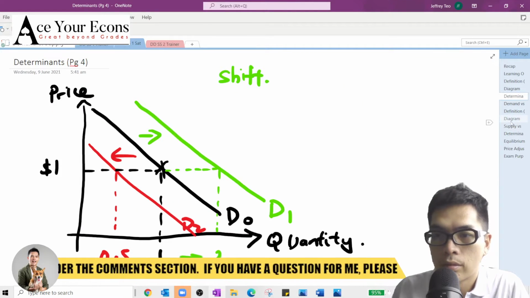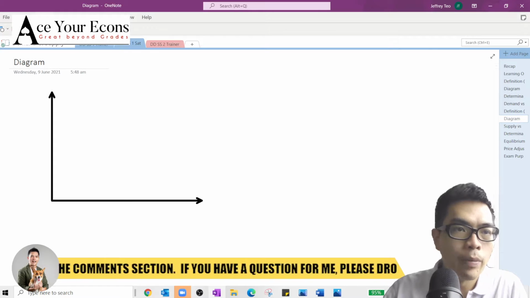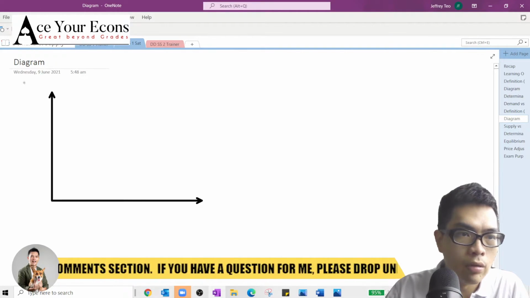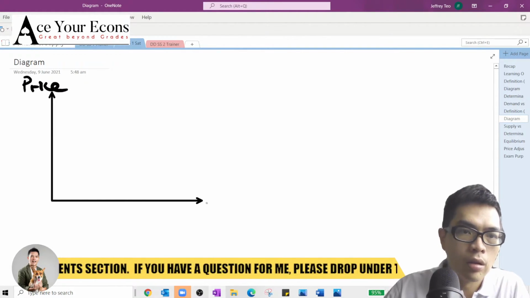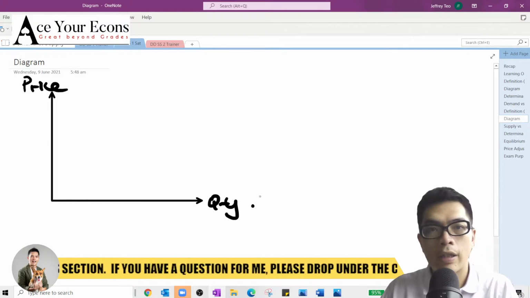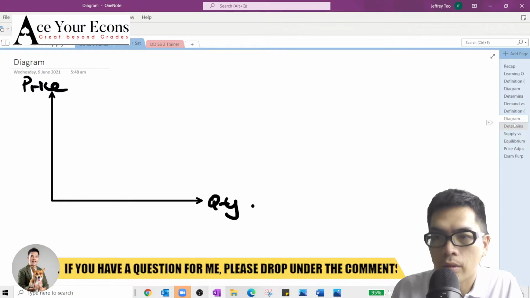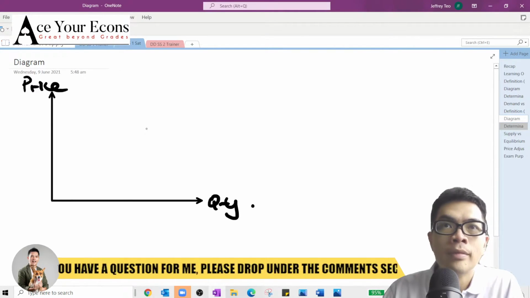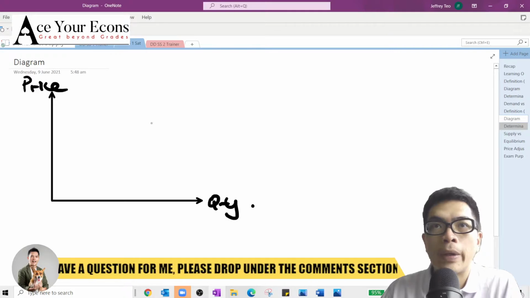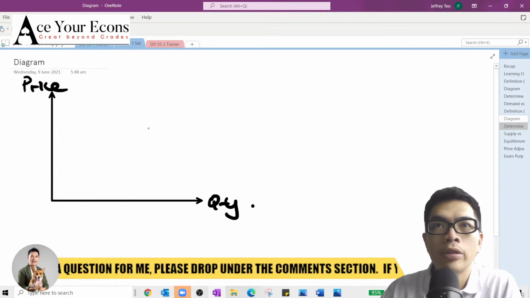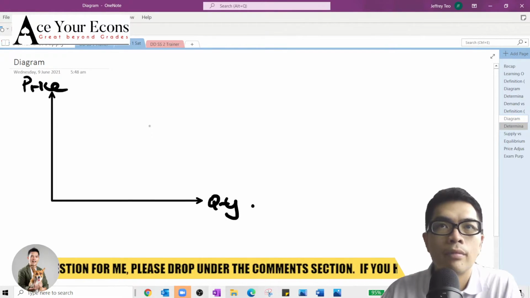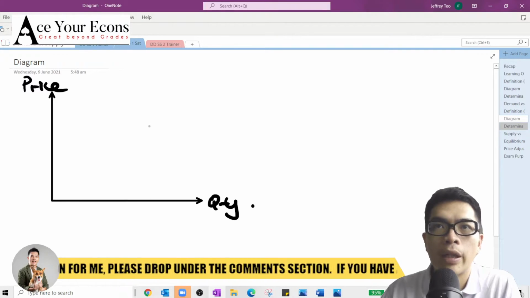So with that, I would like you to join me in this drawing activity. Price and quantity. We already have one downward sloping curve called demand, right? So how should your supply curve look like? Can it be downward sloping again?